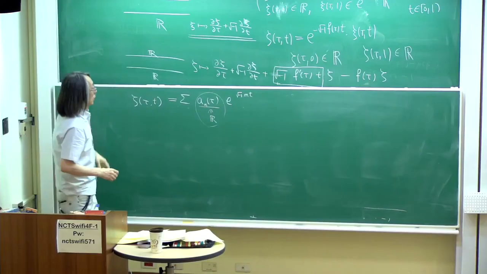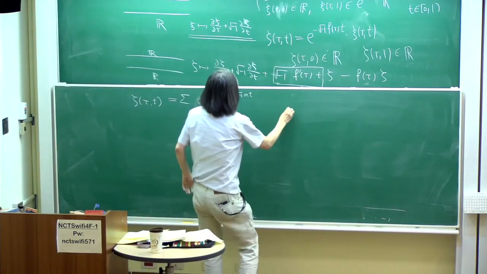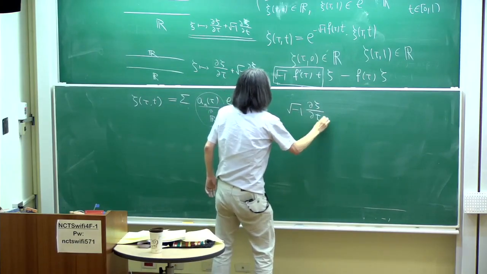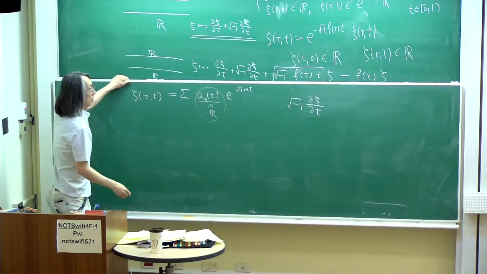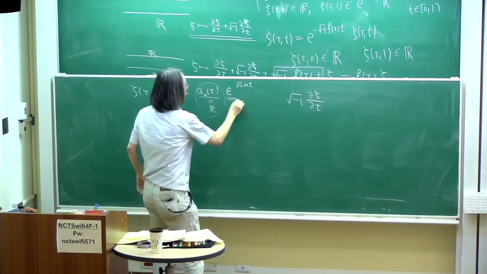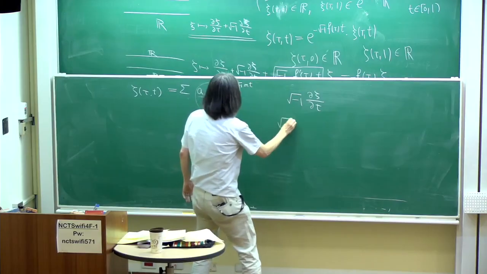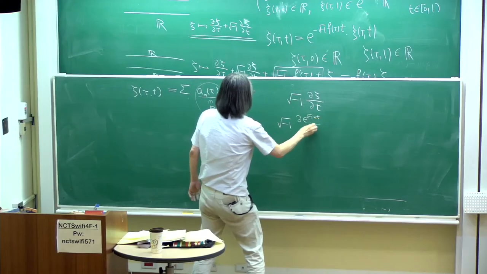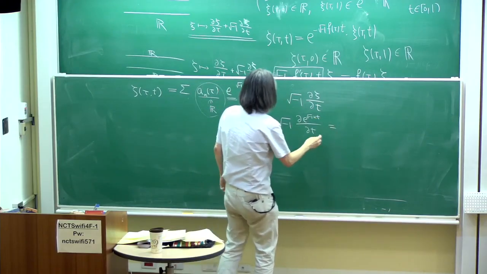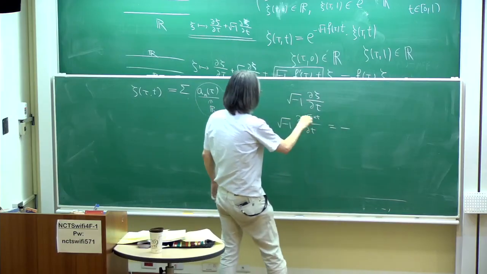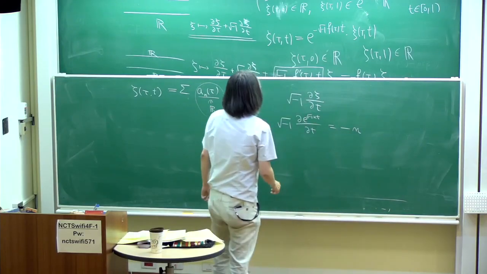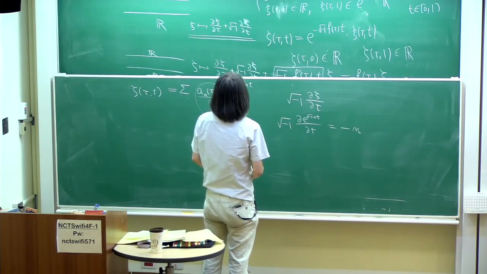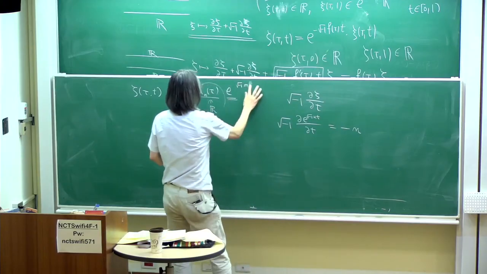Okay. And now you look at this operator. Sorry, pi must be somewhere. Sorry, n pi t, right?